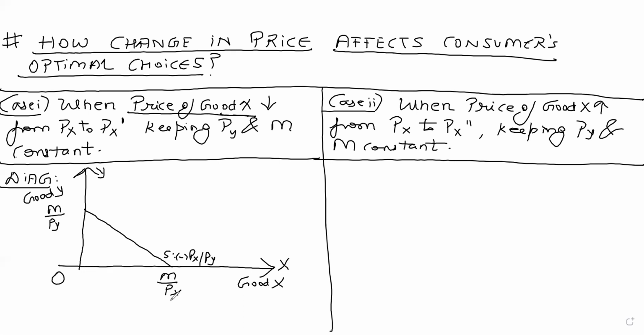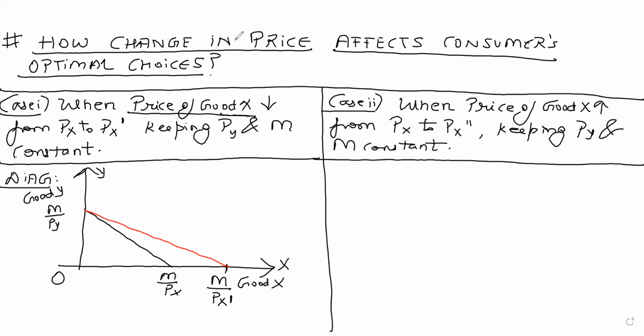And if the denominator falls, the whole horizontal intercept will go up. So this is going to be m upon Px dash, and my budget line will rotate towards the right.